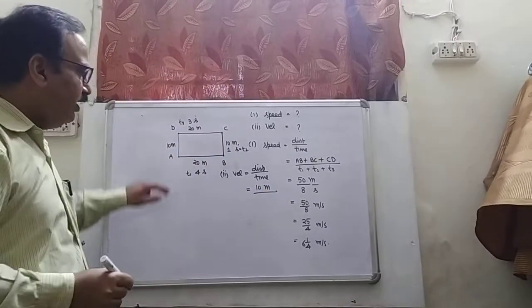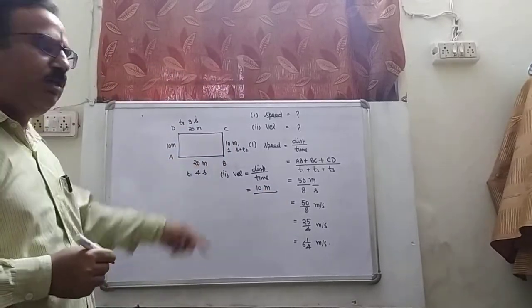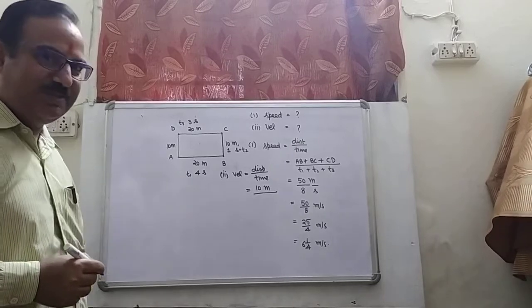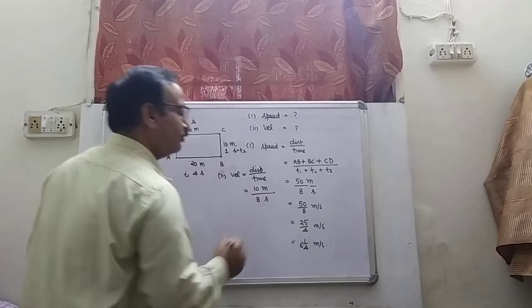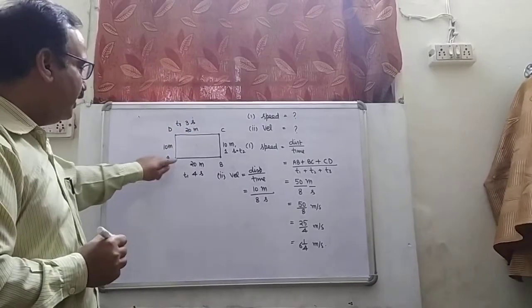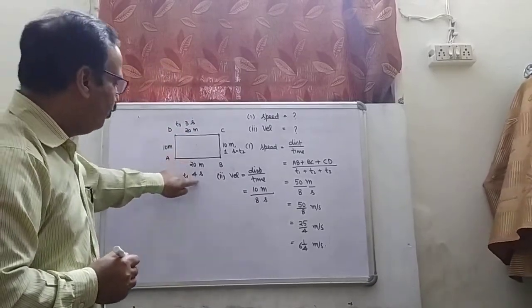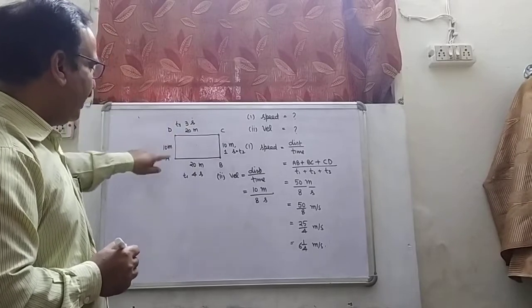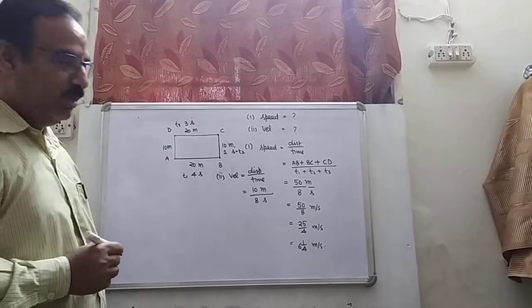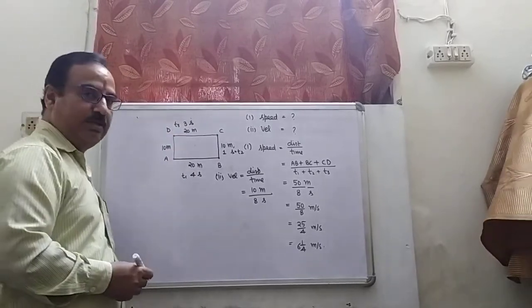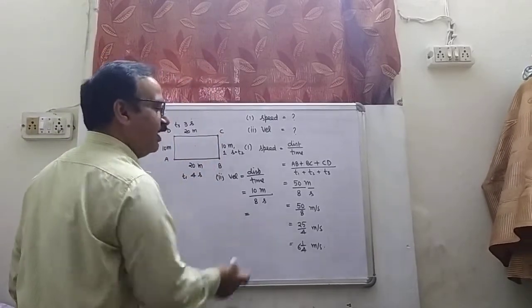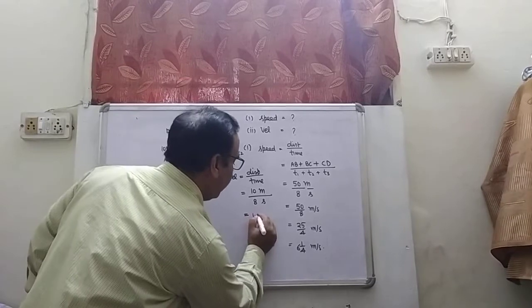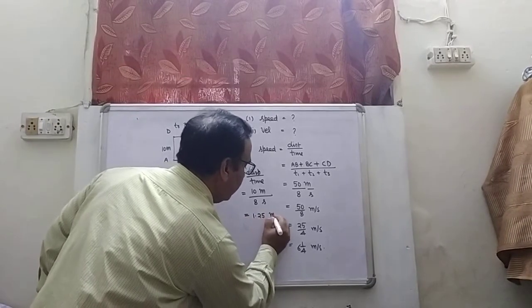But what is the total time taken by the object for that displacement? It is again 8 seconds, because the object has taken 4 plus 1 plus 3 seconds to reach D from A. That is why the total time is 8. So what should the velocity be? 10 by 8, so it will be 1.25 meter per second.